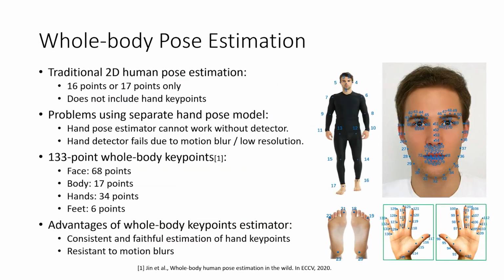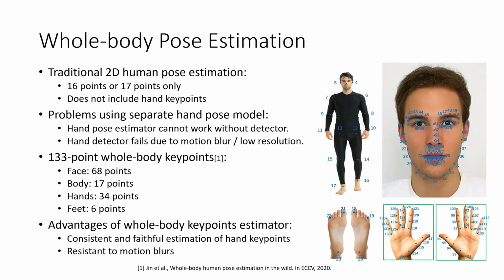Since the dataset doesn't contain any ground truth key points, we need to use a pre-trained human pose estimator to obtain the key points. Traditional 2D human pose estimation only predicts 16 or 17 points, which do not contain any key points of hands. However, hand key points play an important role in recognizing sign language. A straightforward solution is to use a separate hand pose estimator to obtain hand key points.